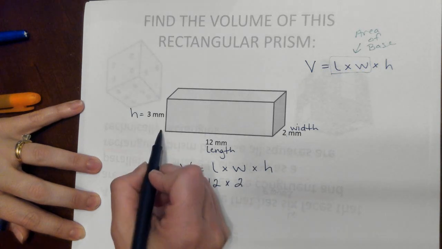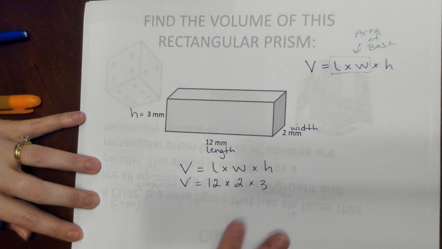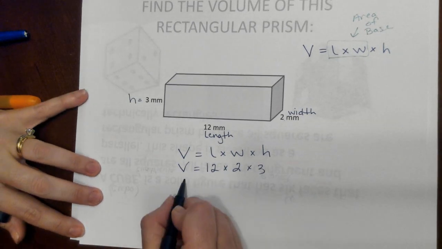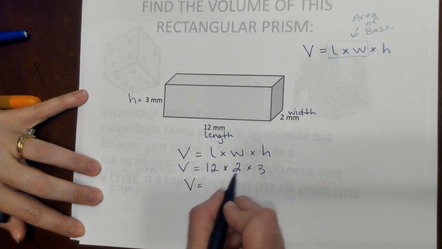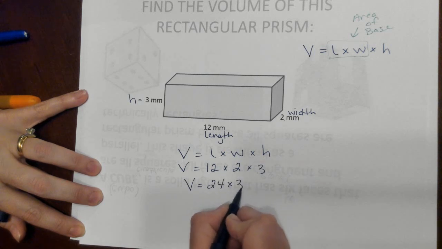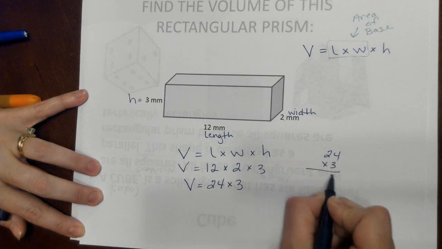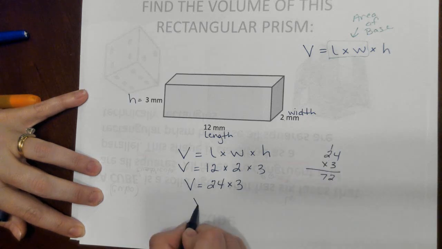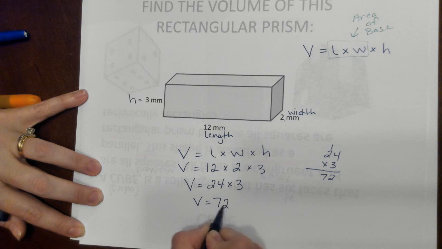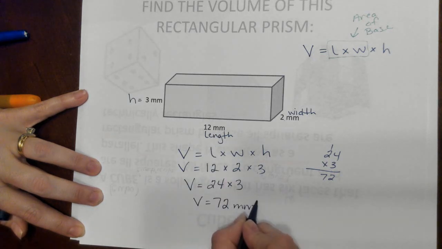And the height is 3. 12 times 2 is 24. 24 times 3. So a volume of 72 millimeters cubed.